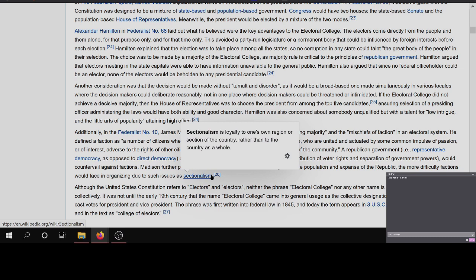Let's go through here. Sectionalism is loyalty to one's own region or section of the country rather than the country as a whole.